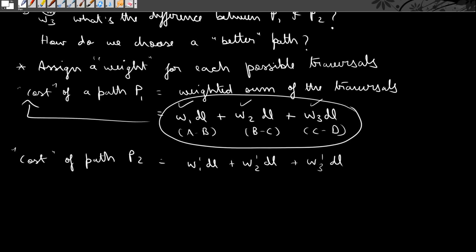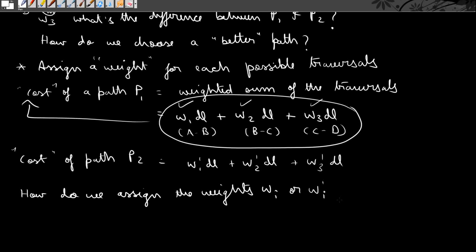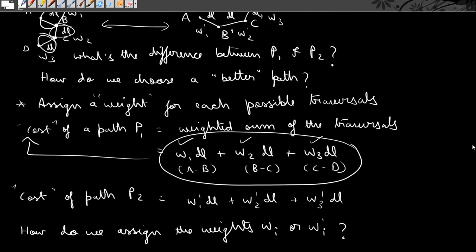Okay. So before we do that, how do we assign the weights Wi or Wi dash? The answer to this is simple.